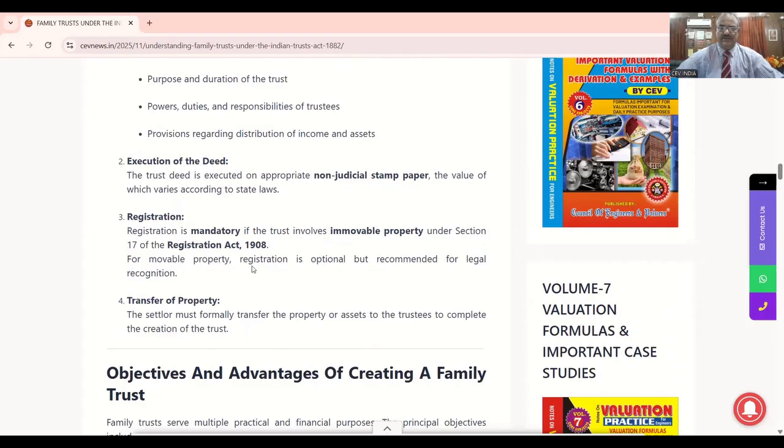If you are transferring some movable property to the trust, then तब आपको registration mandatory नहीं है as per Registration Act. लेकिन it is always recommended कि legal recognition होगी तभी एक ट्रस्ट की प्रॉपर उसकी वैल्यू होगी और प्रॉपर उसके ऊपर आप आगे उसके ऊपर विश्वास कर सकते हैं. सो इट इज ऑलवेज रिकमेंडेड दैट इट शुड बी रजिस्टर्ड एंड इट इज रिकमेंडेड फॉर लीगल रिकॉग्निशन.